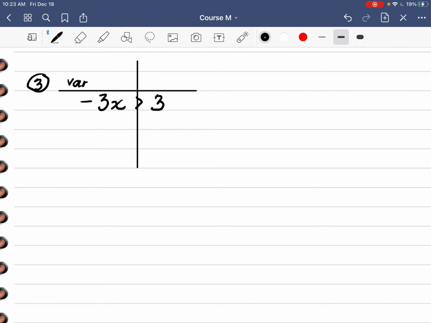And put variable down and constant. And then we ask ourselves what needs to move. And it is the coefficient negative 3.